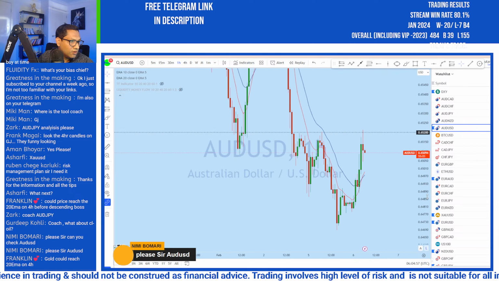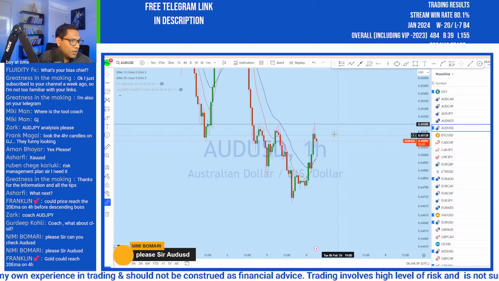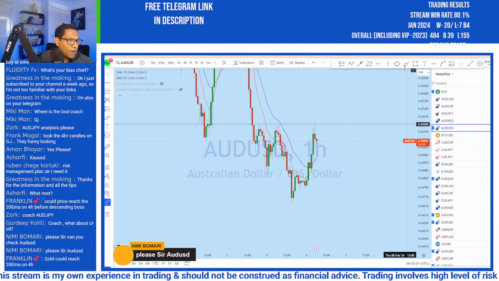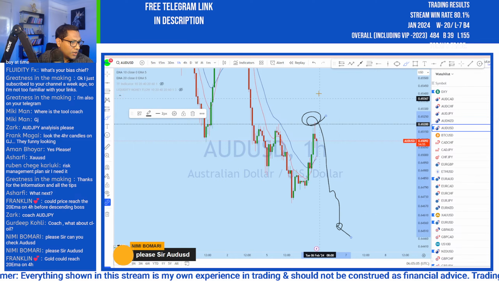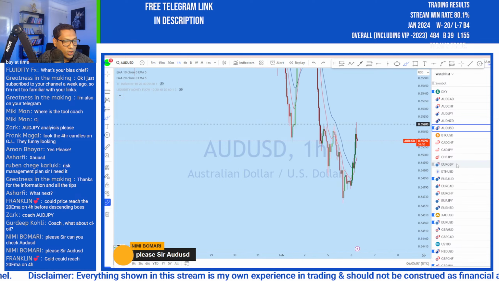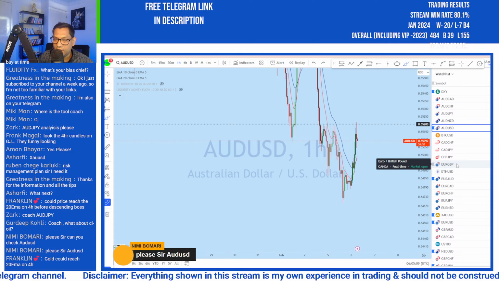This 1 hour candle is a liquidity candle. I think after this liquidity grab, we can expect AUD/USD to drop down to create a new lower low. So AUD/USD for the long-term trend is bearish.